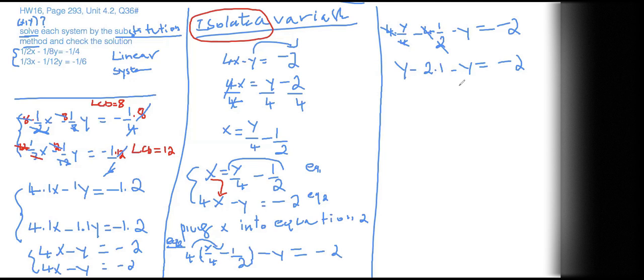How did that become 2 times 1? 4 divided by 2 is 2, and then you leave the 1. Just like here. Okay. So now, what do you do after this?